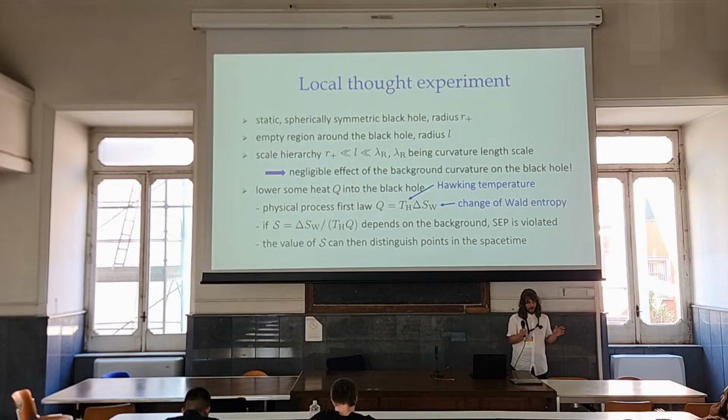The reason is that otherwise the black hole's effect on the matter fields in its vicinity would become significant over time, and it would lead to a significant back reaction. With a vacuum region around the black hole, this is not present. So we actually assume a scale hierarchy of R plus being much smaller than L, and that in turn must be much smaller than the local curvature length scale.